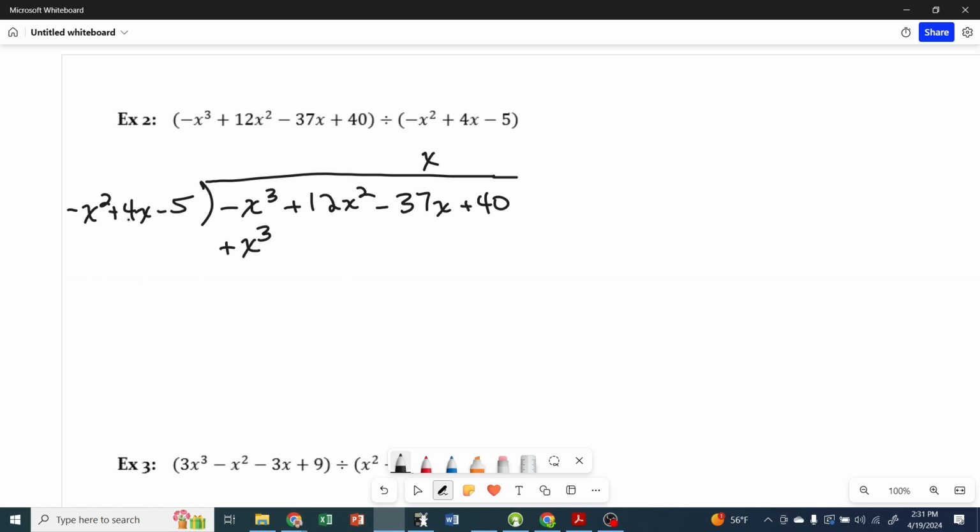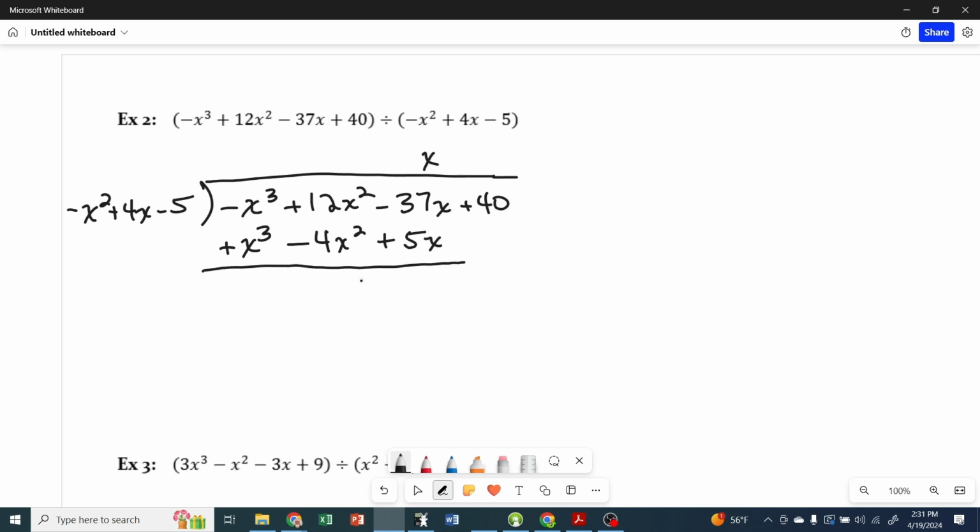X times 4x is 4x squared, change the sign, negative 4x squared. X times negative 5 is negative 5x, and then we change the sign to positive 5x.